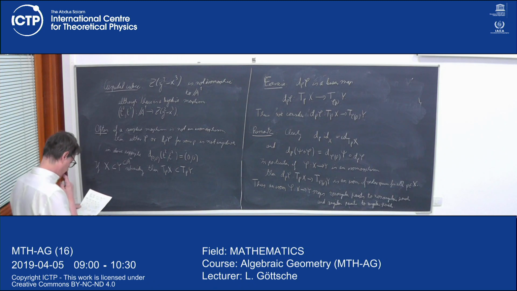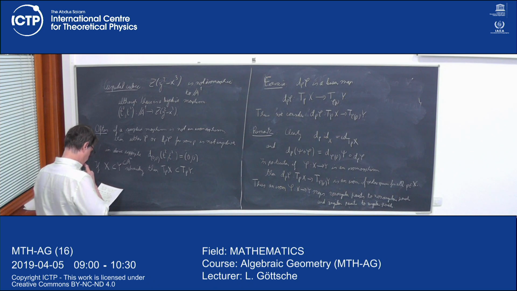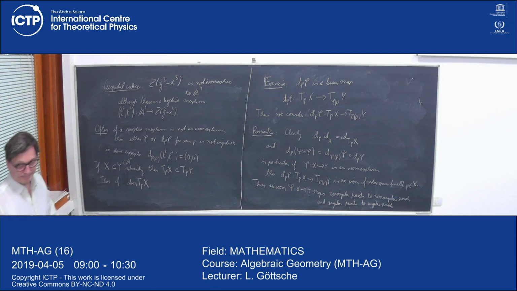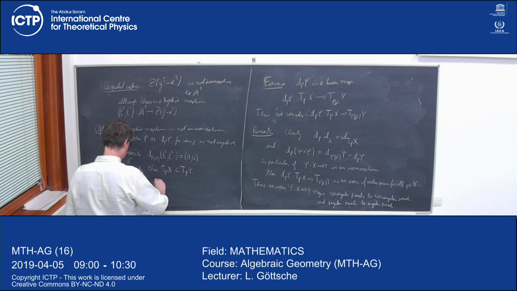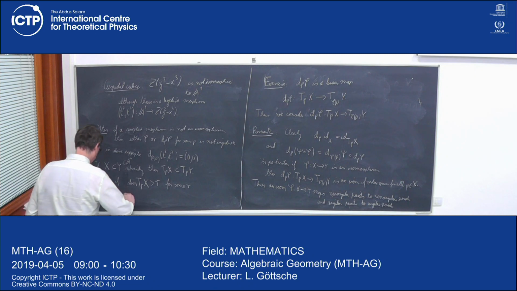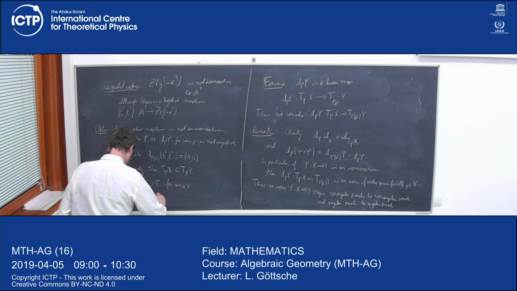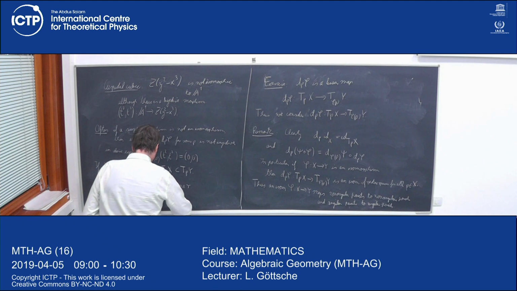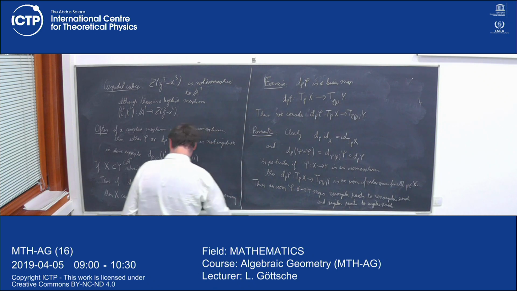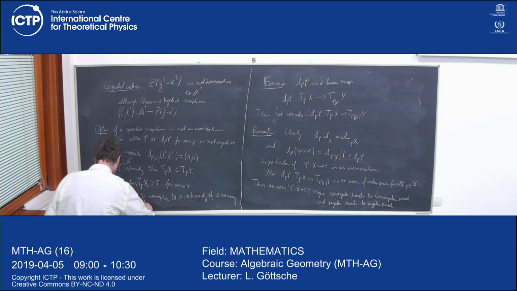So thus, if the dimension of the tangent space of X is bigger than r for some r, then X cannot be isomorphic to a subvariety of a non-singular variety of dimension r.